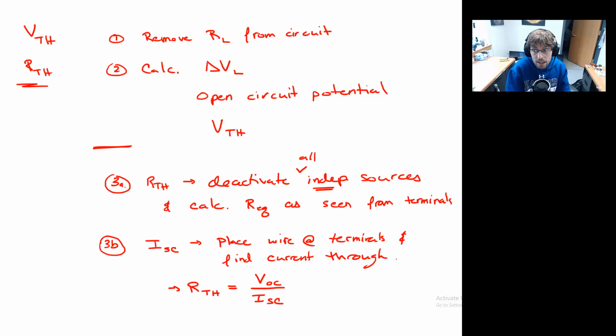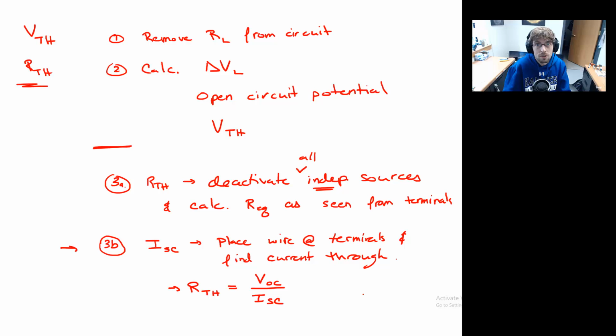They should both lead to the same answer. One of these tends to be faster in terms of experimental procedures. It would be the second one. All you do, take your DMM, put it at the two terminals, boom, you've got your voltage. Unplug the wire, put it in so you can make a current measurement.